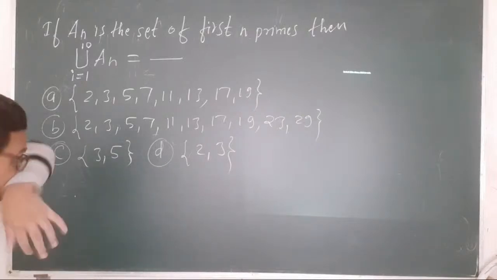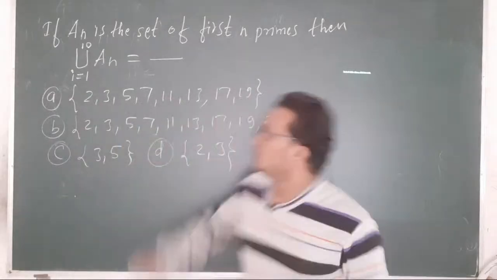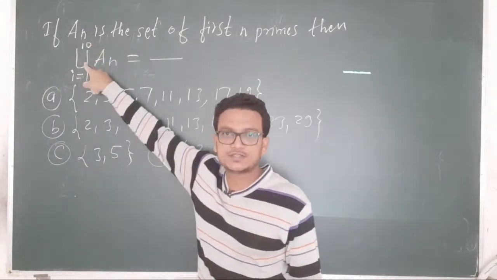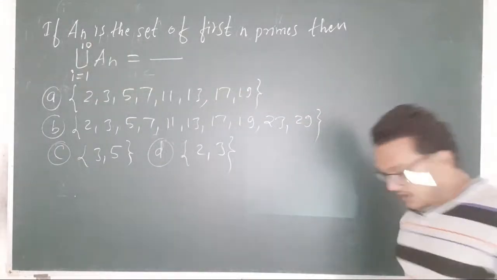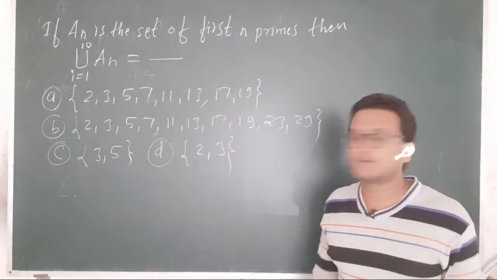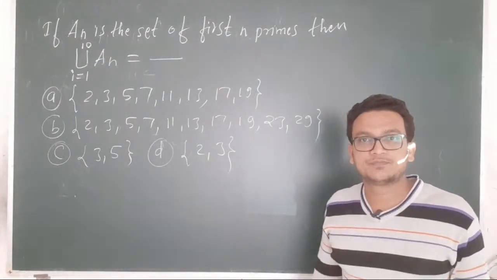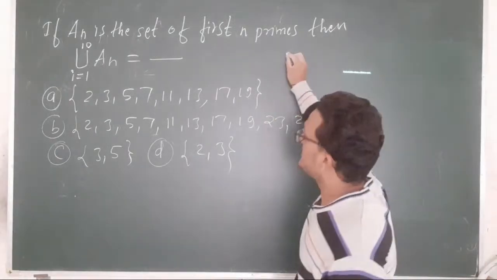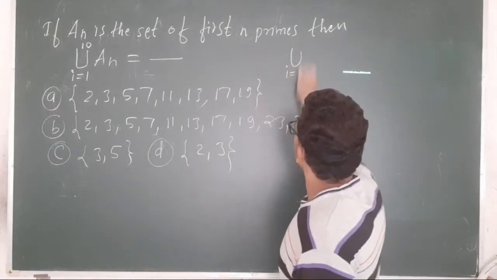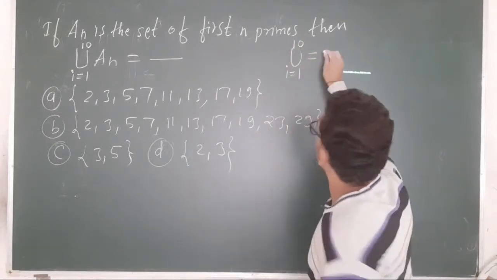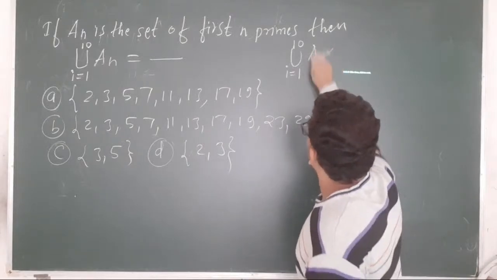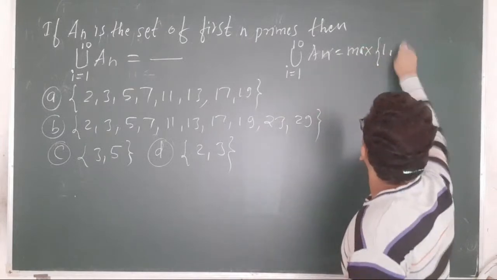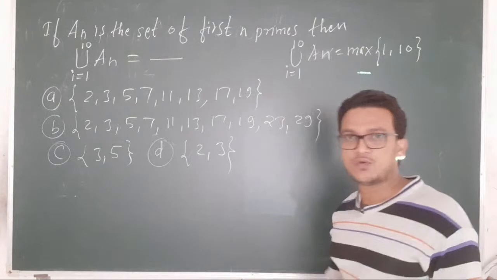Okay, see, it's very simple. What is given? The union of I equals 1 to 10. Previously I told you, intersection means minimum and union means maximum. So I'll write it here: the union of I equals 1 to 10, which equals AN, equals the maximum of 1 and 10.